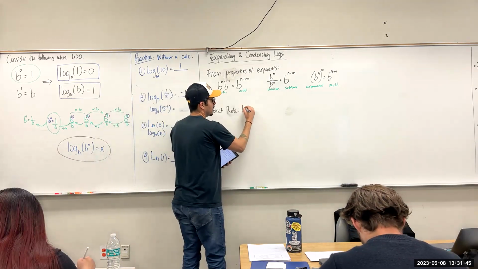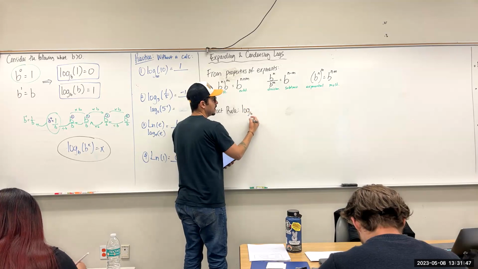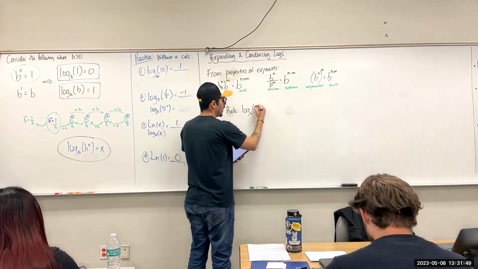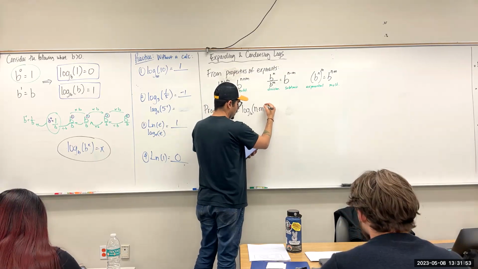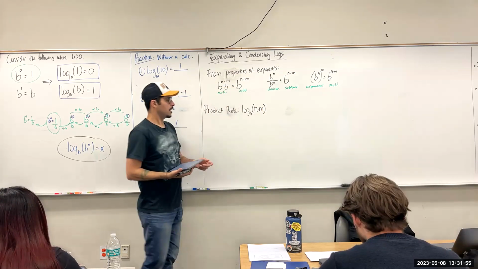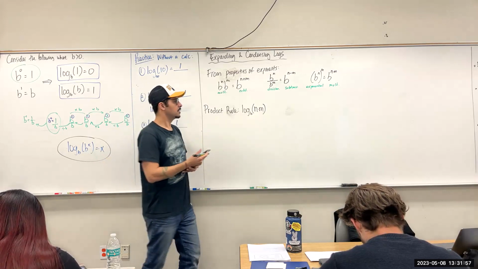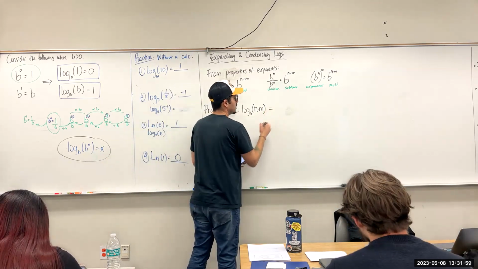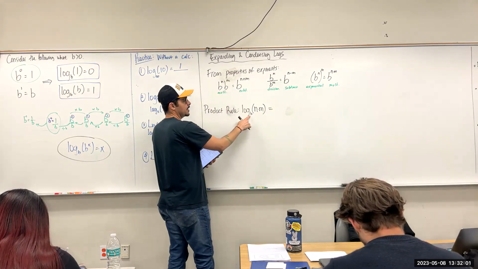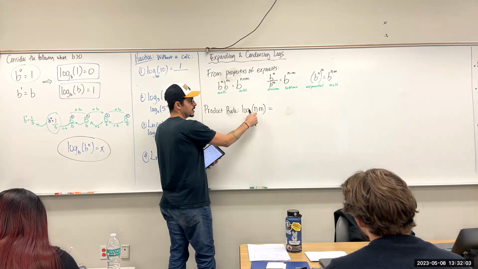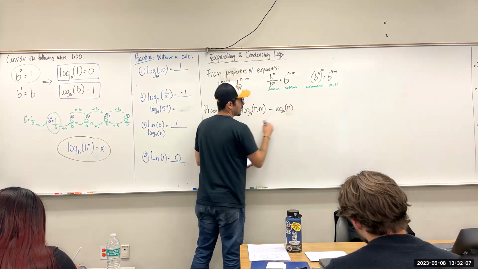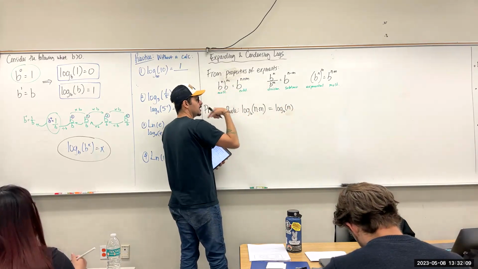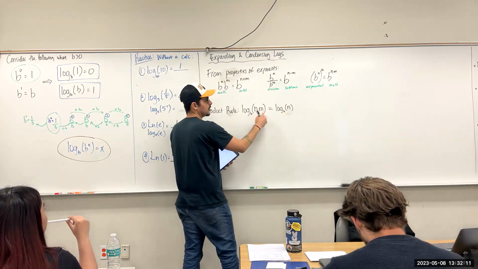It's saying, if I take the log base b and I have two things inside of it multiplying, it turns out that I take the log base b of the first thing that's multiplying, and I take a different log base b of the second thing that's multiplying.